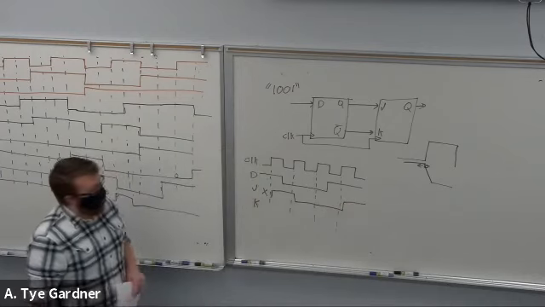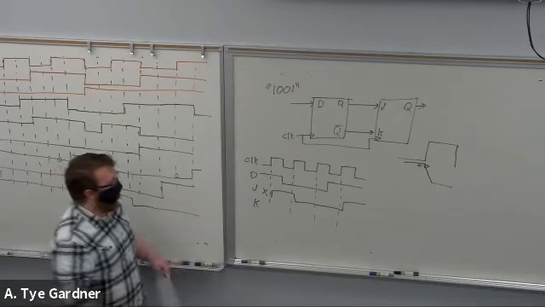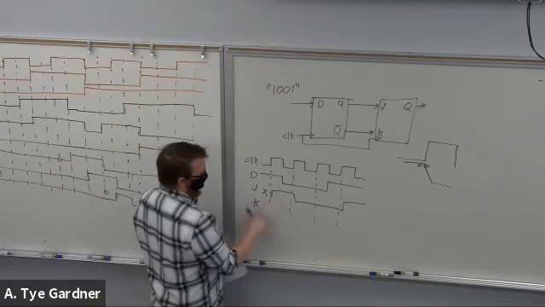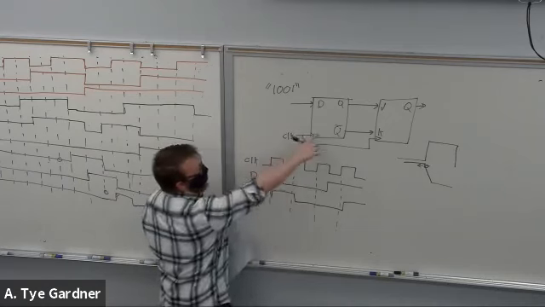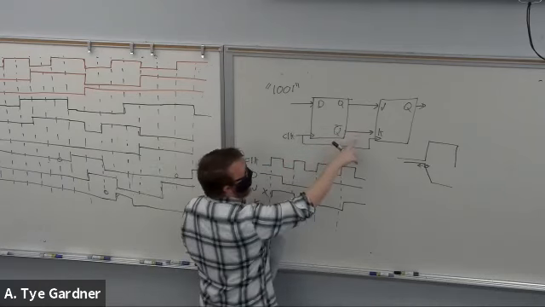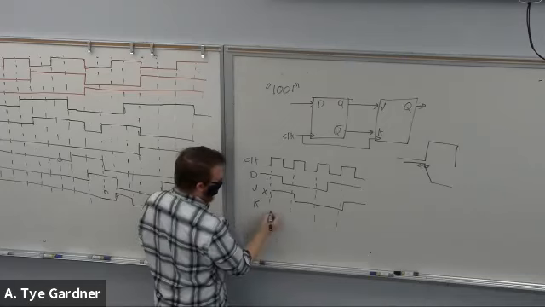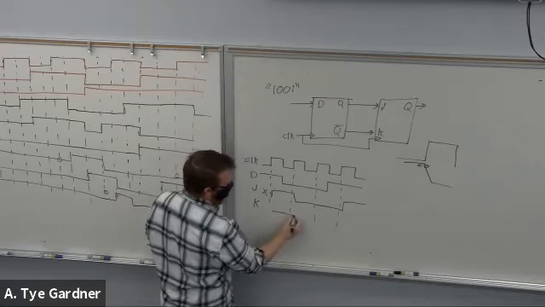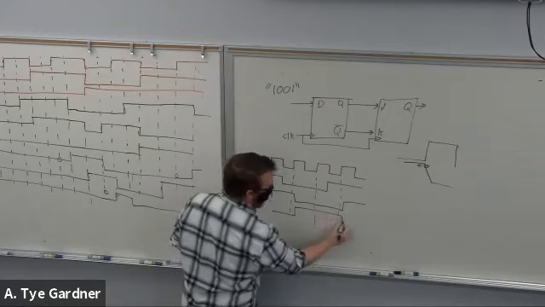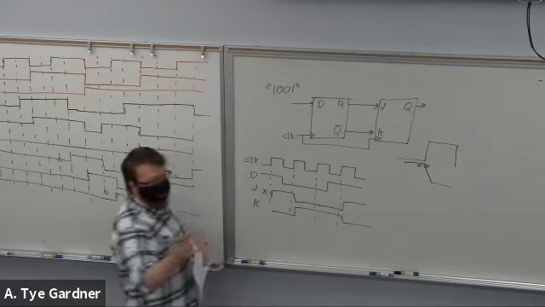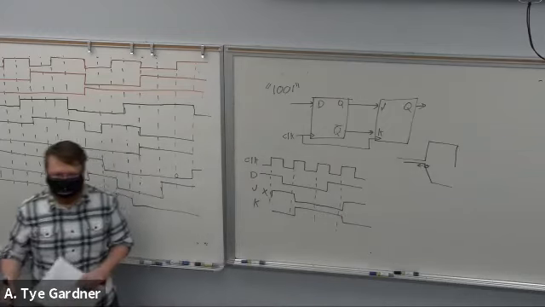Right? And now I can just draw not J, because that's what it is, right? Because if this node is J and that's K, K is by definition not J. With the same delay, right? It's going through the same flip-flop.